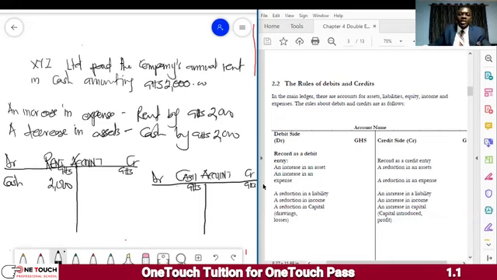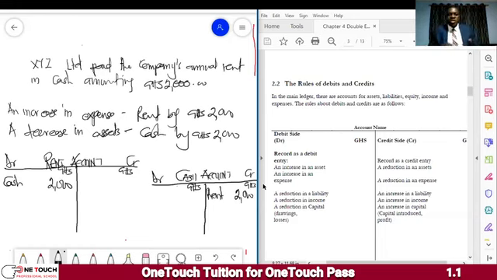Once money is going out, we need to credit it, because it's a reduction in the amount of cash. So we come here and indicate rent, because we are crediting it by reference to where the corresponding debit will be found. And the corresponding debit will be found in the rent account. So we credit cash in the name of rent, and the amount is 2,000. I hope you are following.